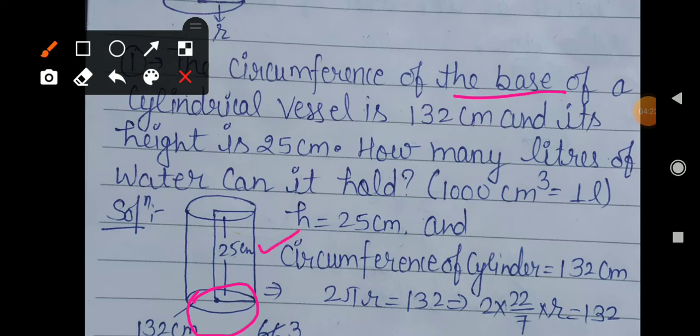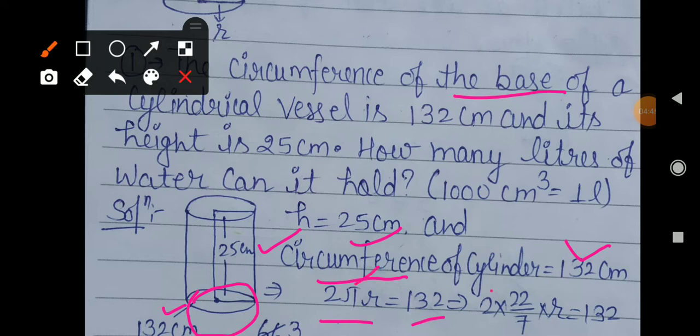The circumference of the circle is equal to 132 centimeter and the height is equal to 25 centimeter. The base of a cylinder is in the form of a circle, so you have to apply the circumference of a circle, that means 2 pi r is equal to 132, and then you have to put the value of pi.